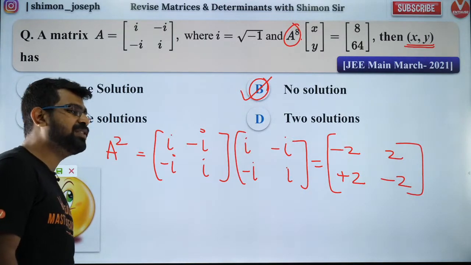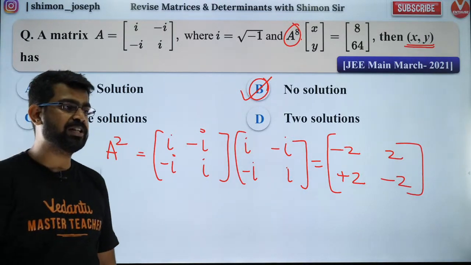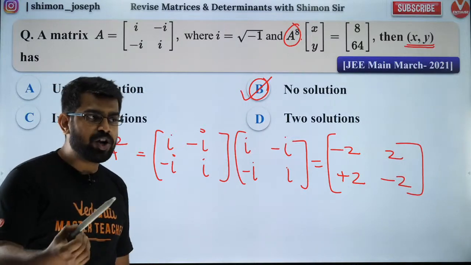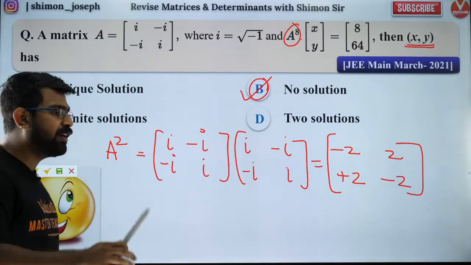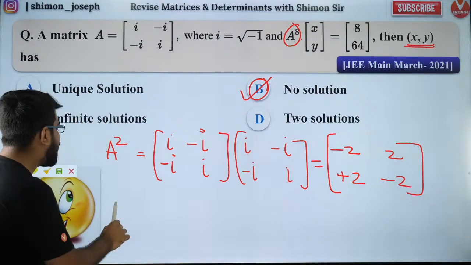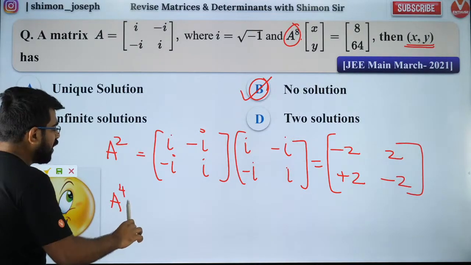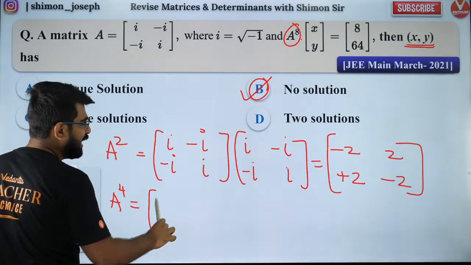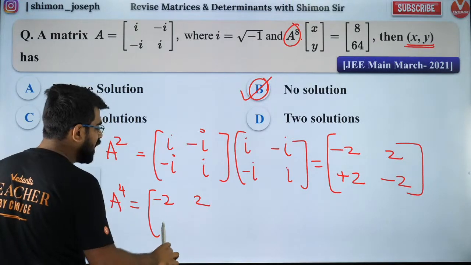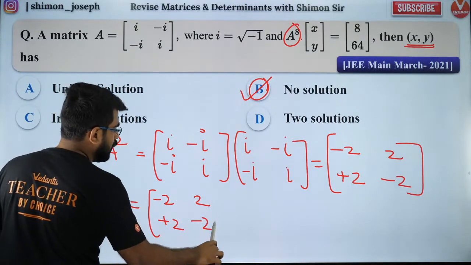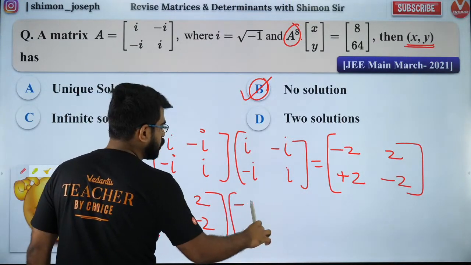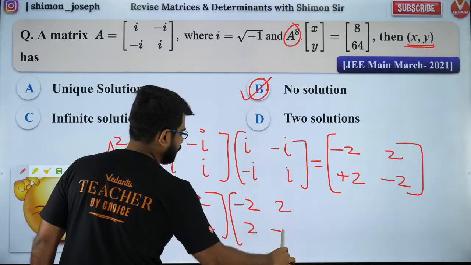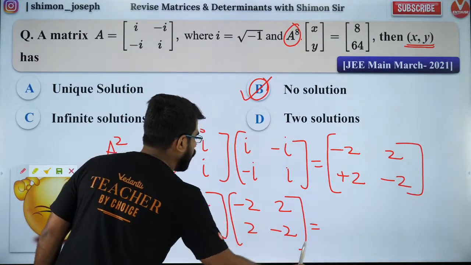I will explain unique solution, no solution and two solution, infinite solution. I will talk about it towards the end. Please wait for it. So now, after I find A square, I will find A power 4. What is A power 4? A power 4 is A square into A square. Are you clear? So what will be A power 4, my dear?